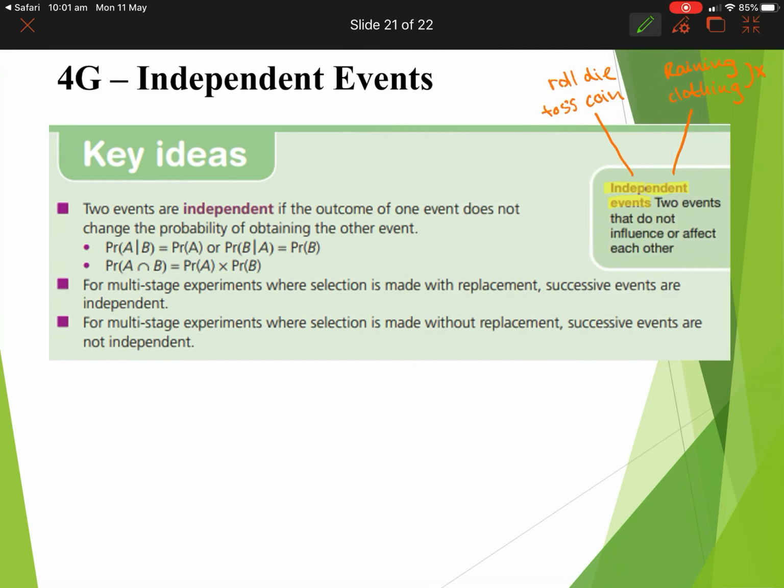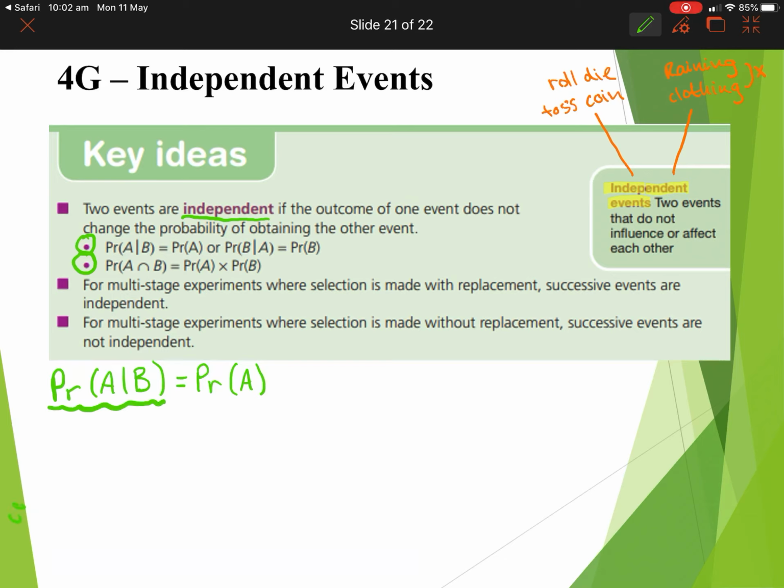Now, to test whether two events are independent, we're going to look over here. If the outcome of one event does not change the probability of obtaining the other event, then these two rules apply. For the first one, the probability of A given that B has happened should equal the probability of A. If these two equal one another, that means they are independent. Remembering this one here, that's what we call our conditional probability.